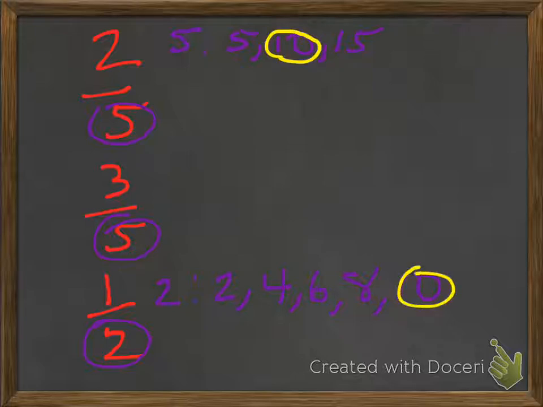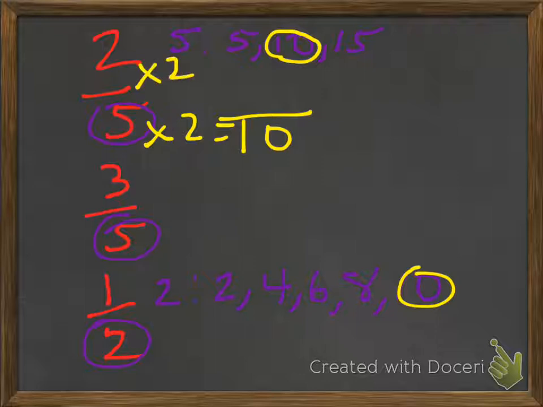So my question is, if I need to make the denominator 10, what do I do? Well, 5 times 2 equals 10. And whatever I do to the bottom, I have to do the top. So 2 times 2 is 4. Same thing down here. 5 times 2 equals 10.